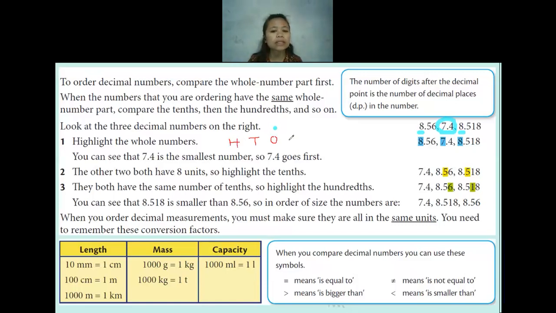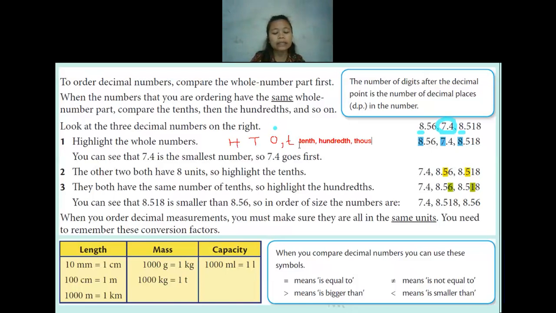When it is a decimal, the first place is the tenth. After that it will be the hundredth, after that the thousandth, and so on.